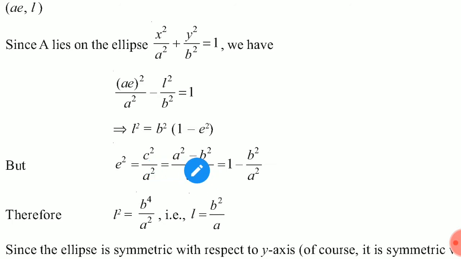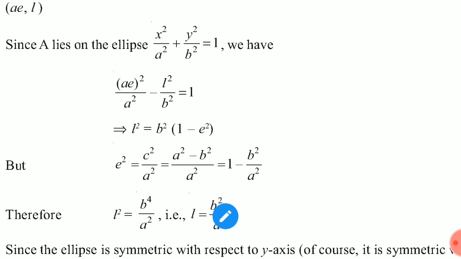So A square minus B square upon A square, dividing by A square, gives 1 minus B square upon A square, which you can put in place of E square. Finally we get L square equal to B to the power 4 upon A square.